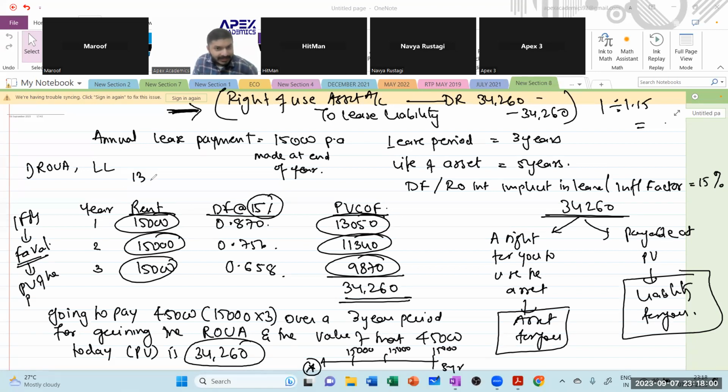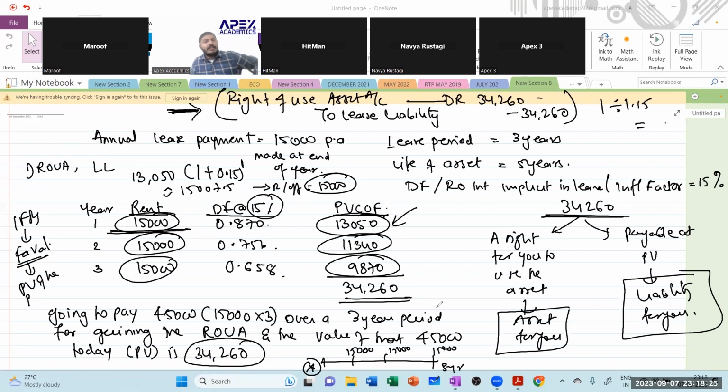You can look at it like this: 13,050 multiplied by 1 plus 0.15 raised to 1, so 13,050 multiplied by 1.15. Your answer approximately comes to 15,007.5, which I'm rounding off to 15,000. It's as good as saying that 15,000 paid after 1 year, today it will have a value of 13,050.